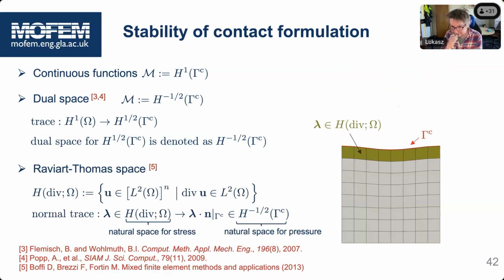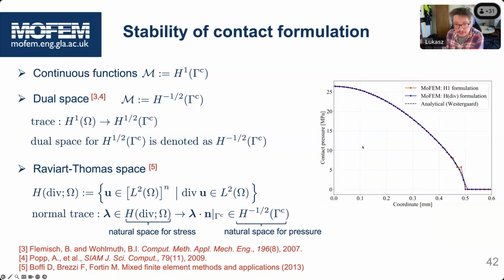But the question was still how to make an efficient, scalable solver for it, and how to generate those bases when you have a heterogeneous polynomial approximation basis. So we came up with the solution that we use the H-div space on the boundary, and then we achieve the stability by integrating in the volume.